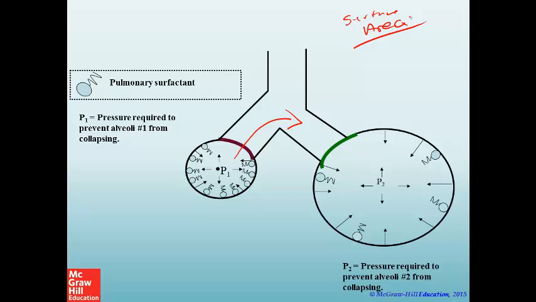And the problem here with alveolar collapse relates to friction. If you remember from physics, there are two types of friction. There is static friction and kinetic friction. Right?